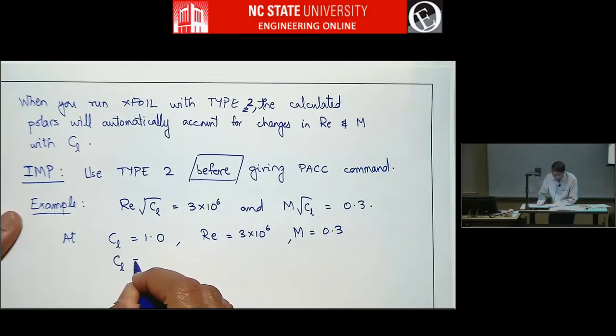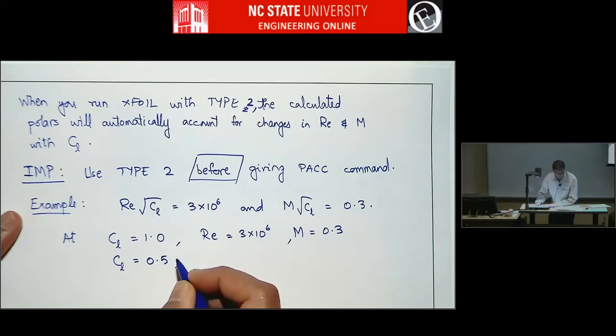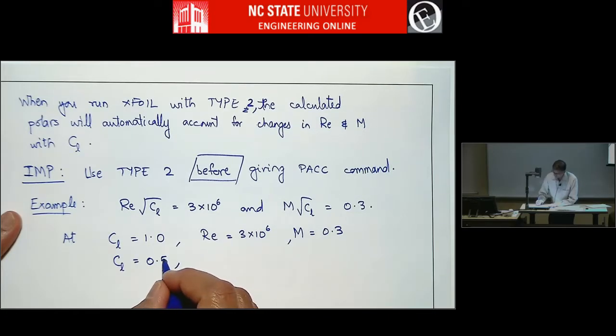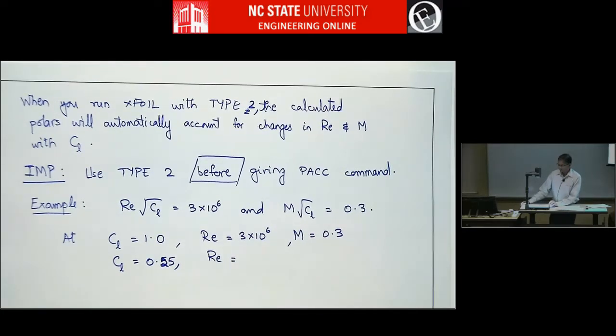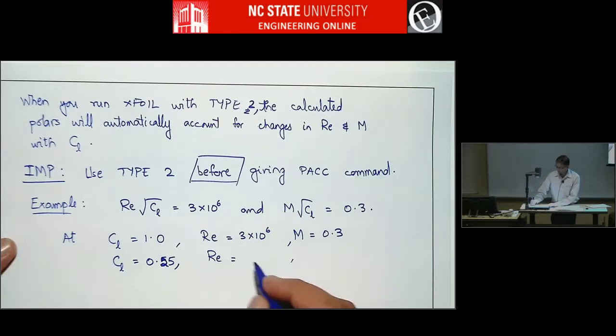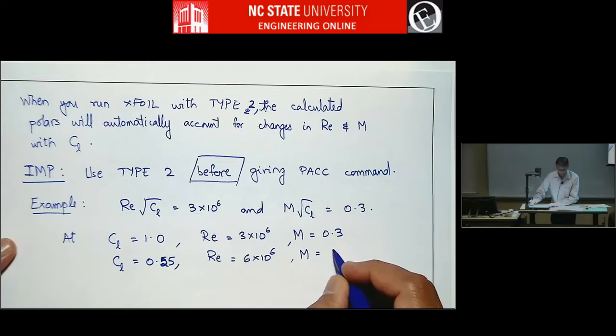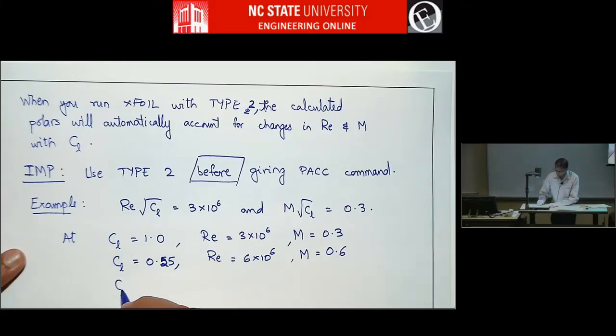At a different CL, like say CL of 0.5, let's say 0.25, what will the Reynolds number be? 6 million, correct. And Mach number? 0.6, right? And at CL of 0.05, this is a very small lift coefficient. What is Reynolds number?